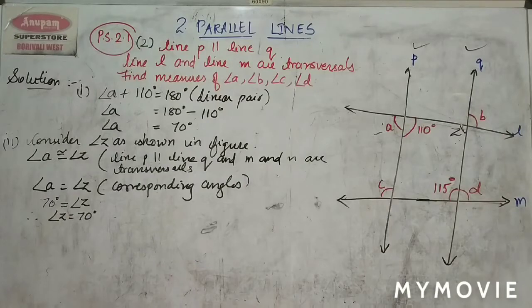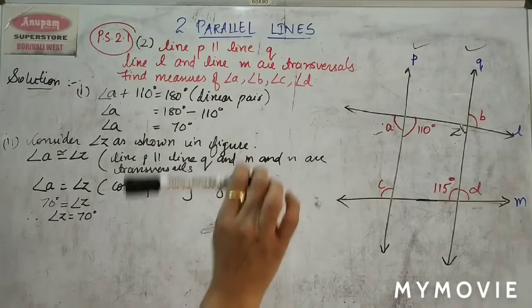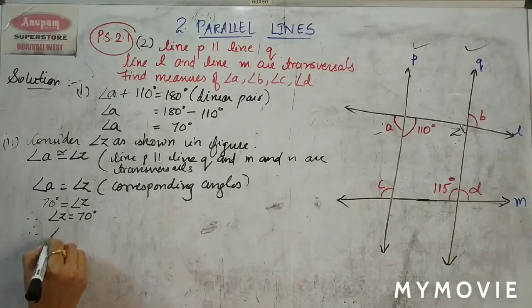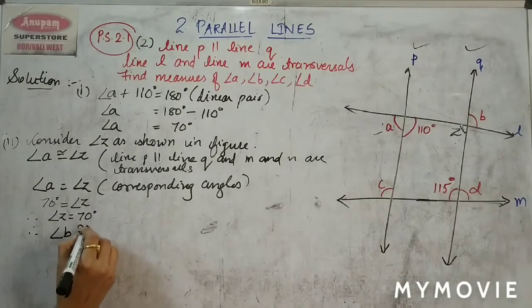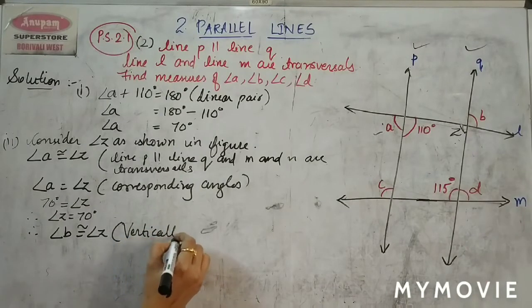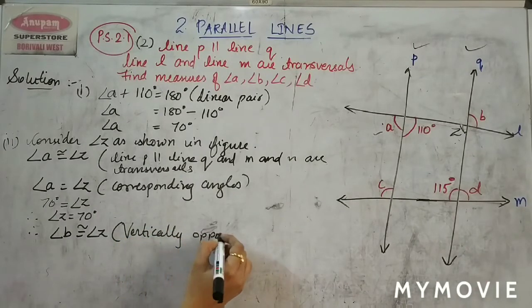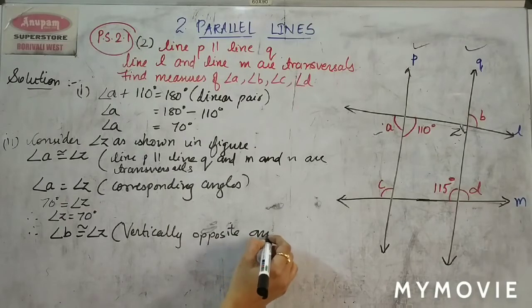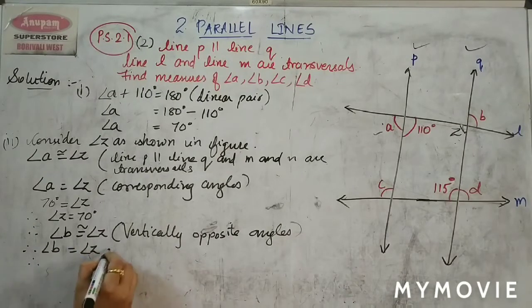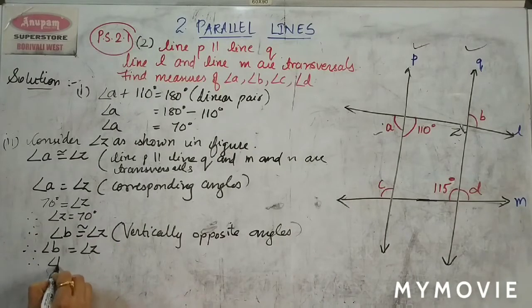But we have not been asked to find out angle Z. This is not our answer. We have to find out angle B. So therefore the next step I will say that angle B is congruent to angle Z because they are vertically opposite angles. Okay, and therefore I will say angle B is equal to angle Z, and therefore that is equal to, see, angle B is what?